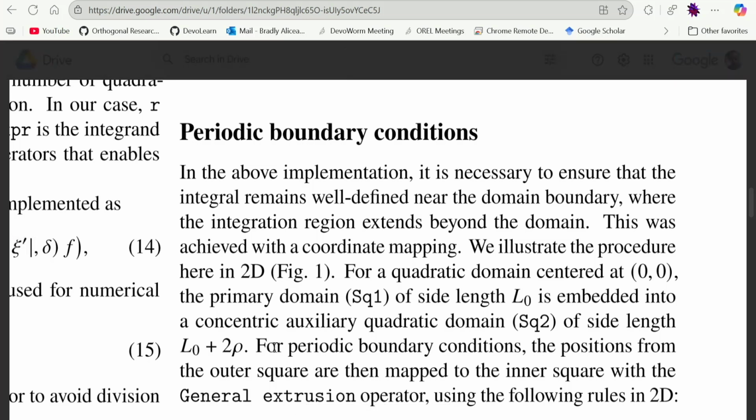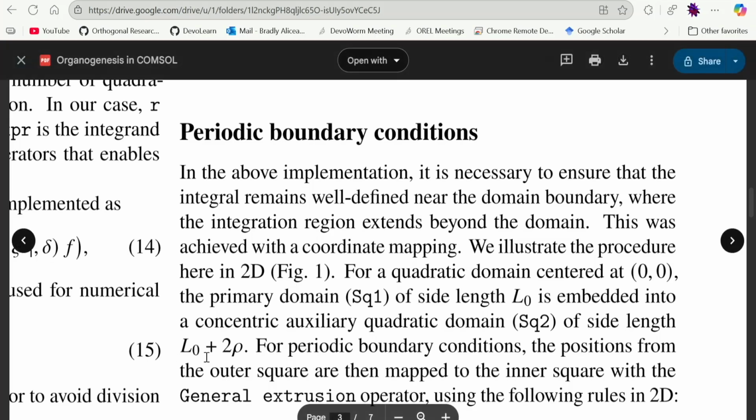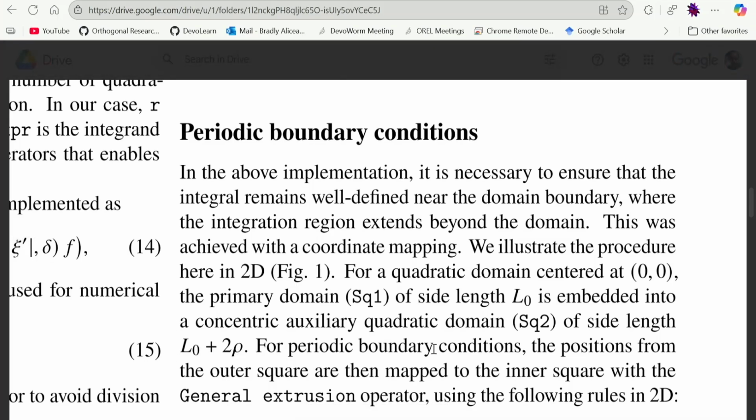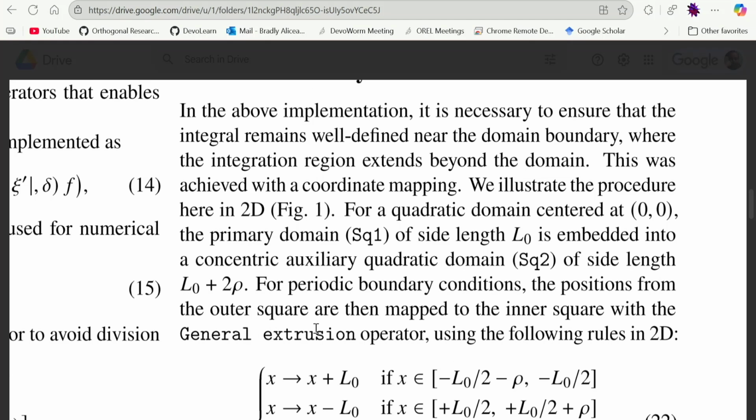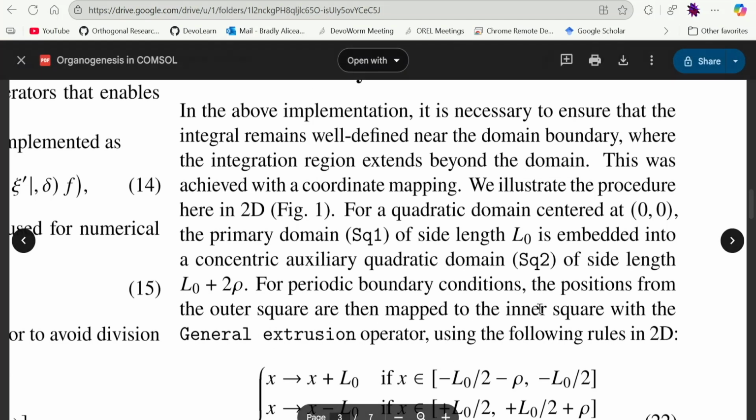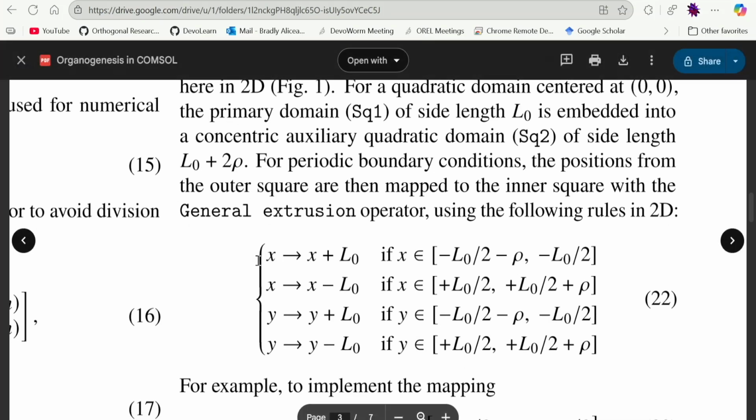The primary domain of side length L is embedded into a concentric auxiliary quadratic domain of side length L plus 2p. For periodic boundary conditions, the positions of the outer square are then mapped to the inner square with the general extrusion operator using the following rules in 2D. So these are their rules here.